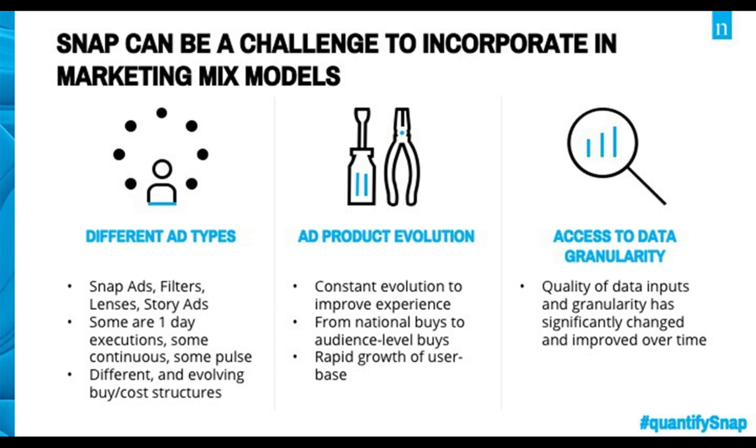And so, given the improved accuracy of targeting, you need to account for that in the models. And then finally, through all of this, you're seeing a really rapid growth of the user base across all these different ad types.